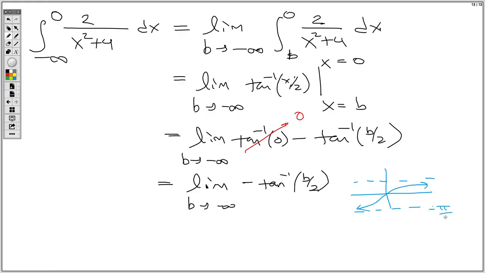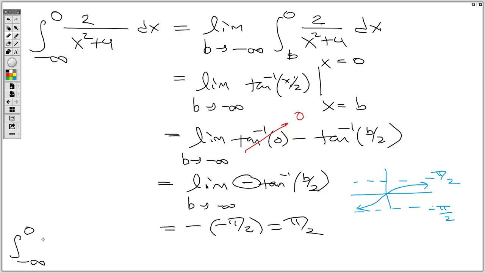We've got these horizontal asymptotes. As b goes off to negative infinity, you can see that the inverse tangent is going to get close to negative pi over 2. So this is going to be negative negative pi over 2, which is pi over 2. So we've shown that the integral from minus infinity to 0 of 2 over x squared plus 4 dx converges. I get a finite number, pi over 2 as well.